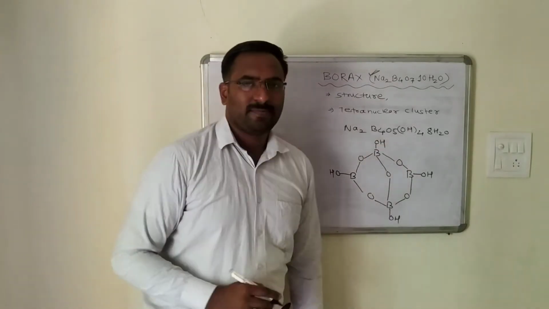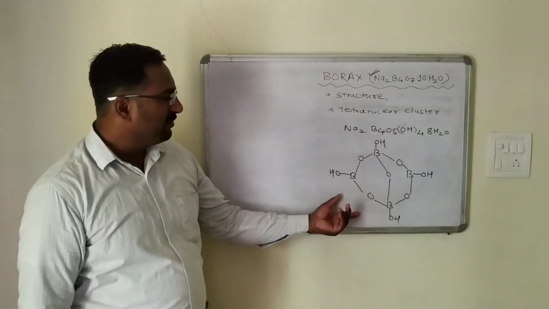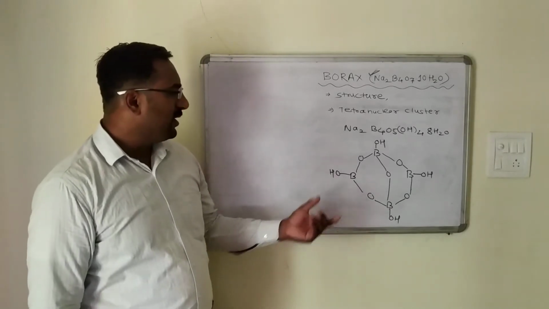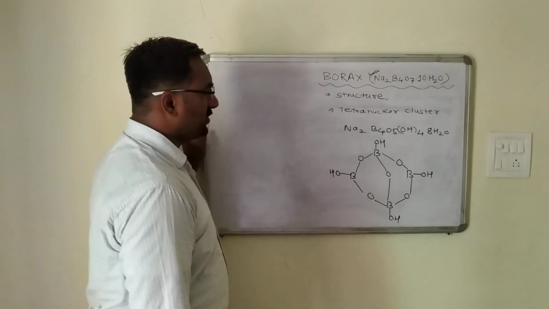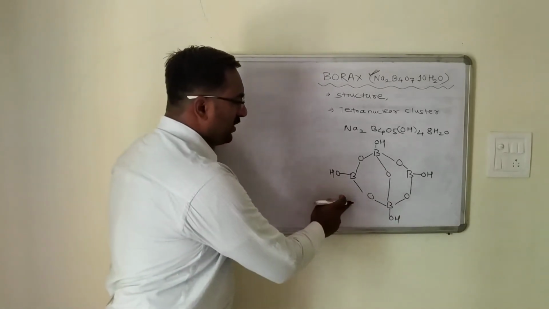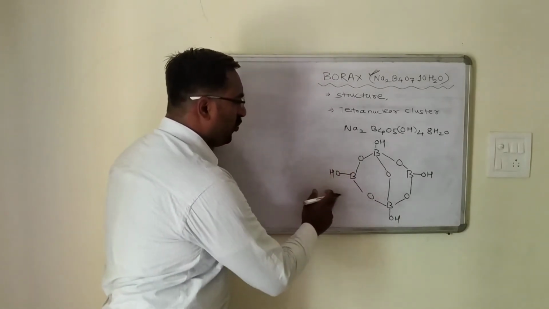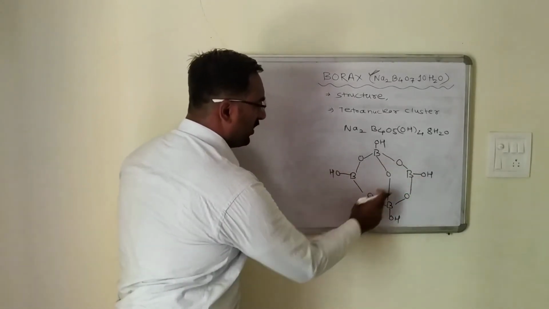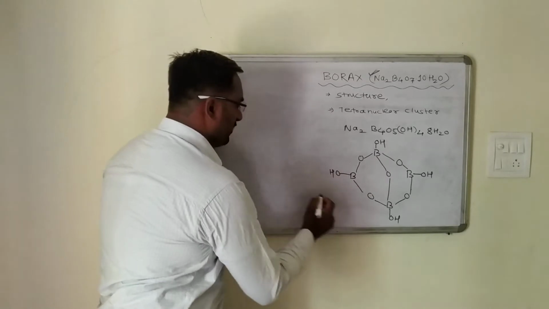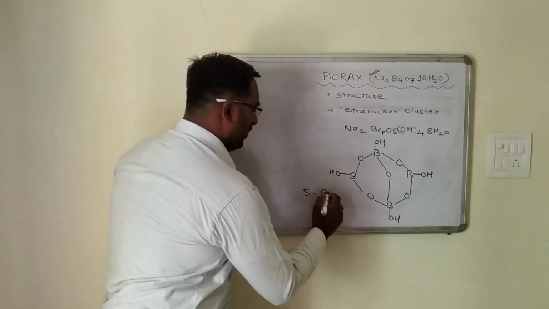So this is the tetranuclear cluster of borax. It contains 2 tetrahedral and 2 trigonal units. So we can count the B-O-B bonds. How many B-O-B bonds are there? There are 1, 2, 3, 4 and 5. So there are 5 B-O-B bonds.